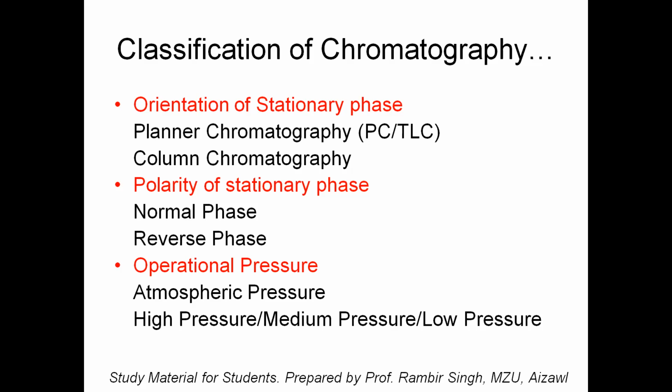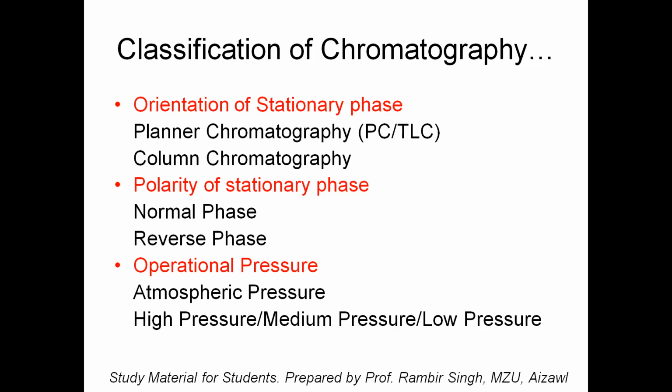Why was it required? Suppose Michael Tswett started with calcium carbonate as the stationary phase and selected a non-polar solvent as the mobile phase. Either Michael Tswett was very wise, or he hid something.